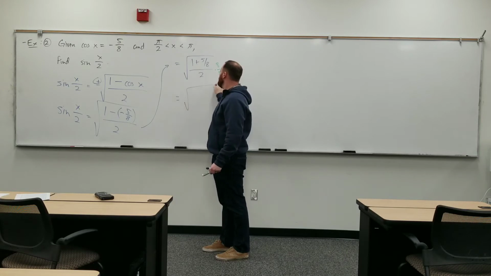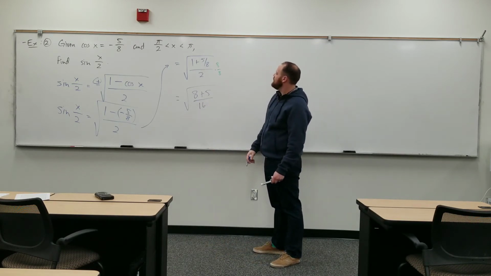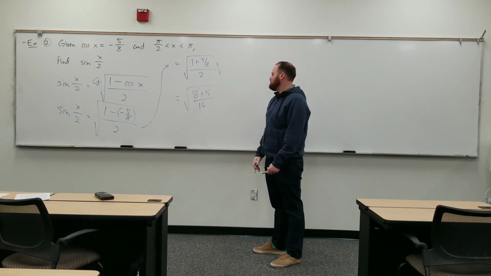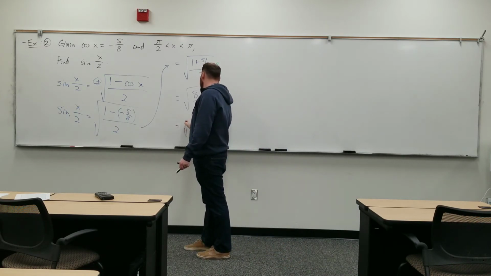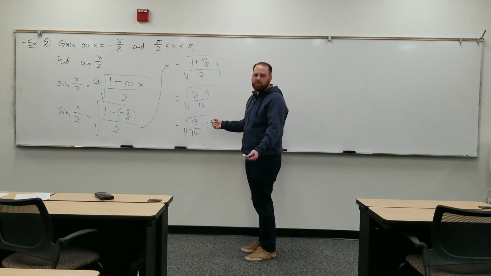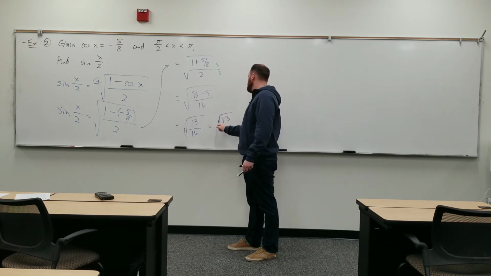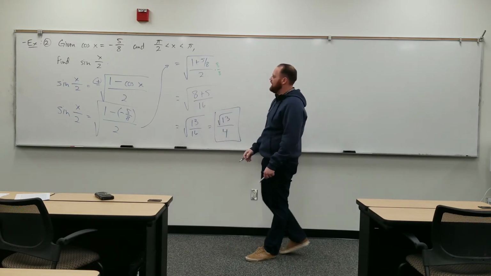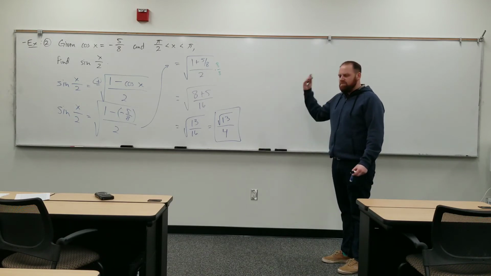So I've got the square root of 8 plus 5 over 16. 8 plus 5 is 13, and the square root of 16 is 4, so this is root 13 over 4. And that's it. Okay, so there's that one.